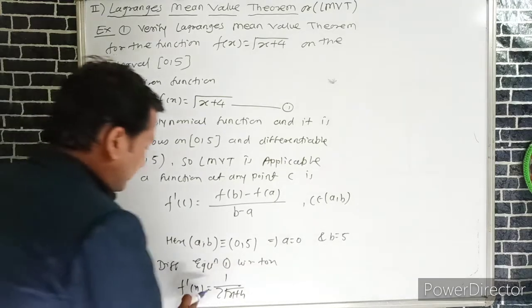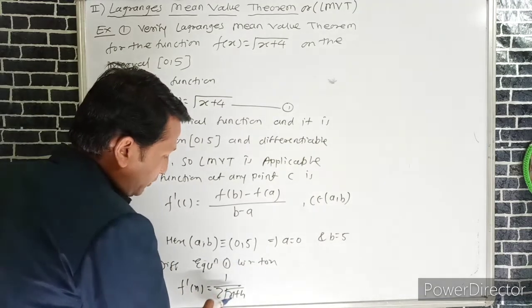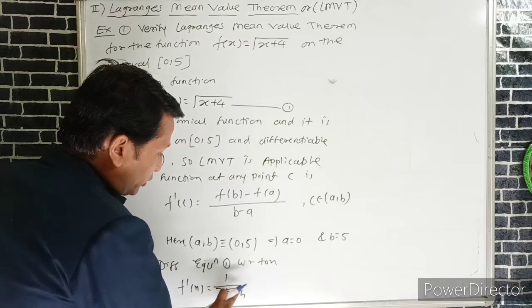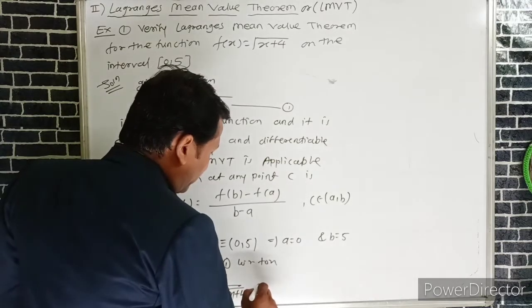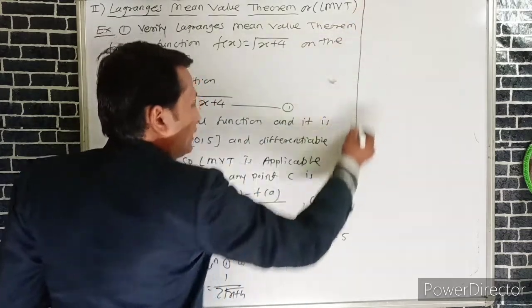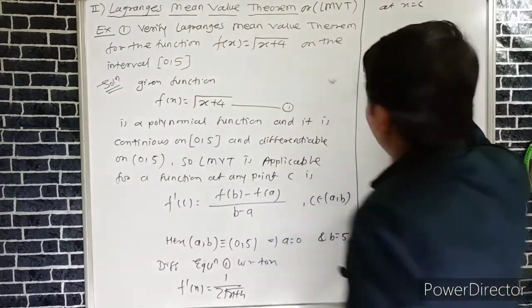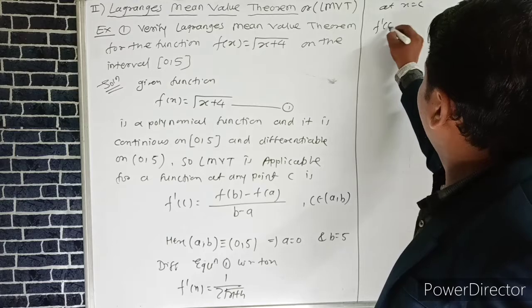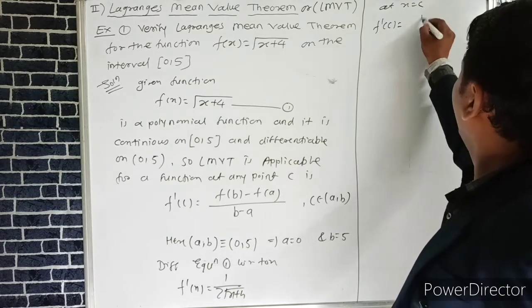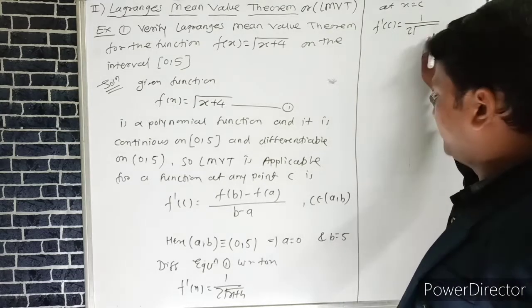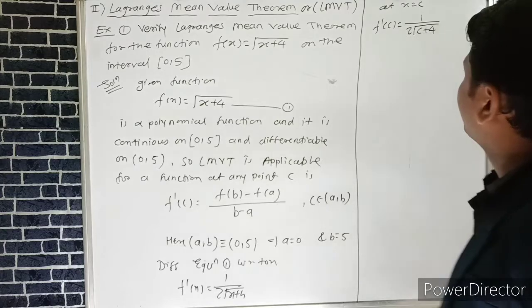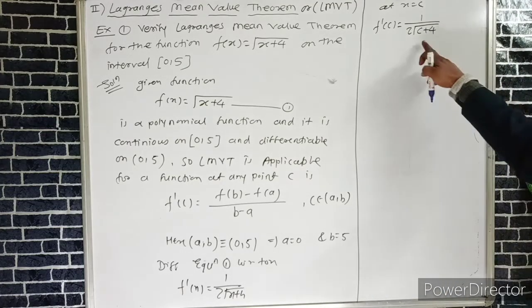So f dash of x is equal to 1 upon 2 under root of x plus 4. From this we can find the value of f dash of c. At x is equal to c, we can write f dash of c is equal to 1 upon 2 under root of c plus 4, which is the value of f dash of c.